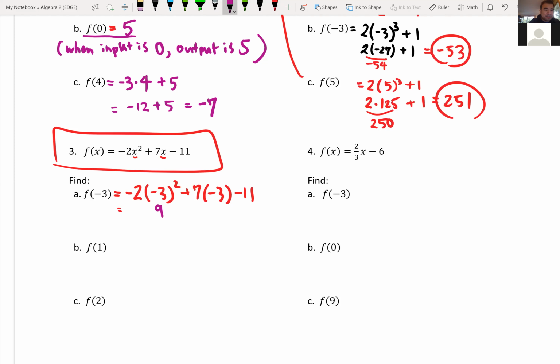So you've got to do negative 2 times 9. And 7 times negative 3, we can already do that. That's negative 21. And then we've got minus 11. Negative 2 times 9 is negative 18. So it's negative 18 minus 21 minus 11.